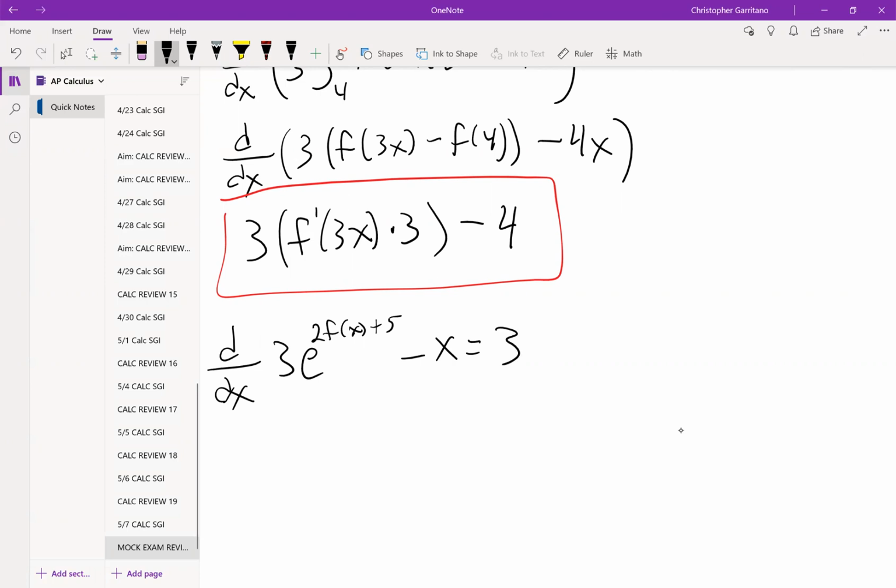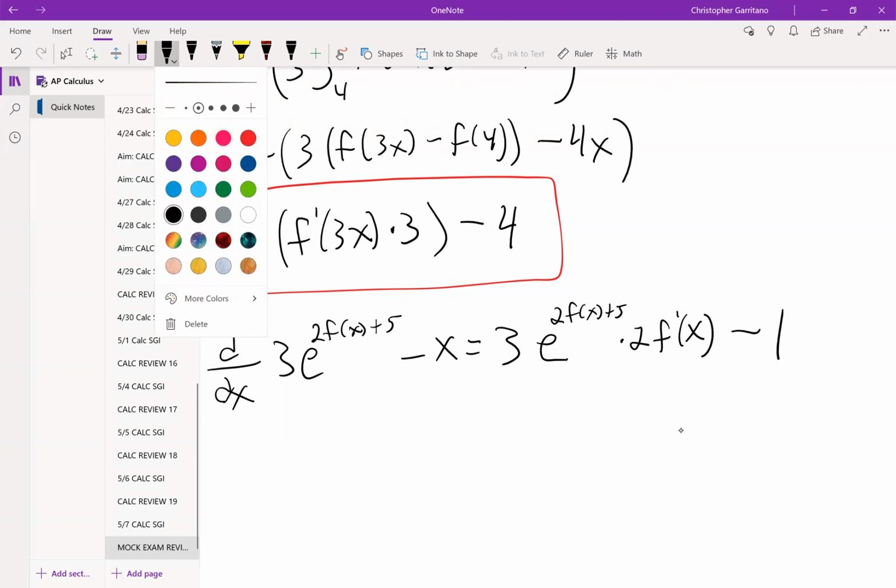You would get the derivative of the outer evaluated at the inner, times the derivative of the inner. So the derivative of 2 times f of x plus 5 is just 2 times f prime of x. All right, and then you have the derivative of x, which is just 1. All right, so here's the derivative of the denominator.